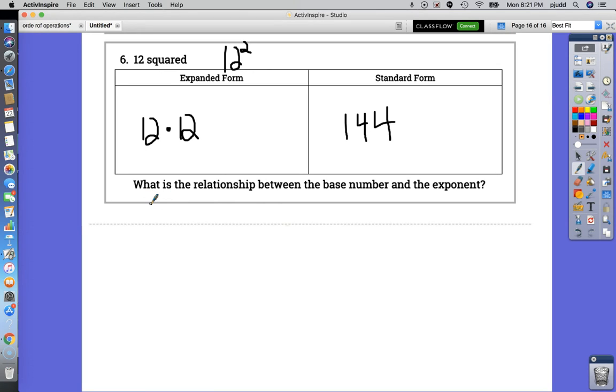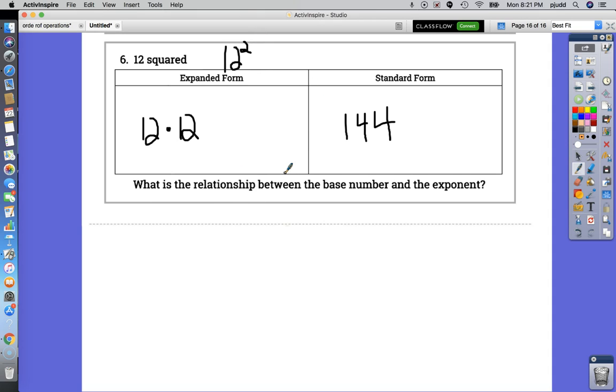Now, this is the part that I said at the end of the lesson. You're going to be explaining the relationship between the base and the exponent. Okay, we started out the lesson by saying that the base is the factor. The exponent tells you how many times you multiply the base or how many factors of that base you're going to have.